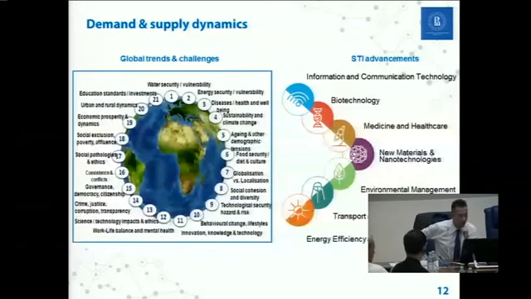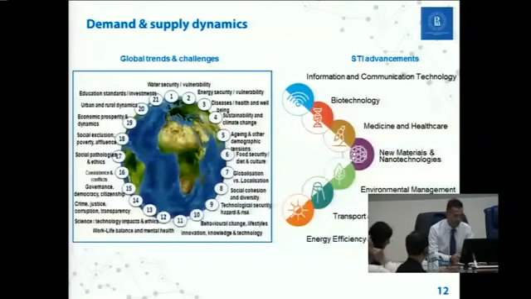Some of the technological and scientific instruments we use include information and communication technologies, which will give us plenty of opportunities to address those challenges; biotechnologies, medicine and healthcare developments, new materials and nanotechnologies, environmental technologies, transport and space systems, and energy efficiency and energy saving. These are some of the instruments, not all, we can use to address these challenges.